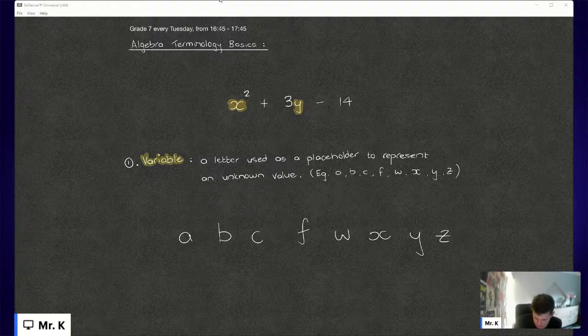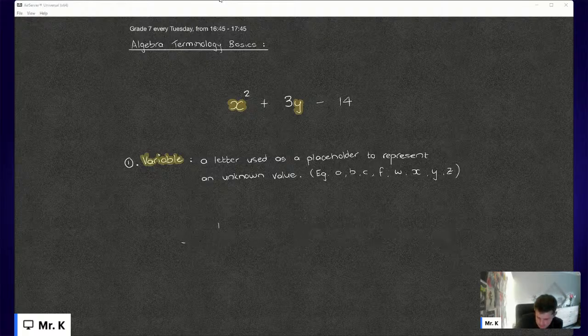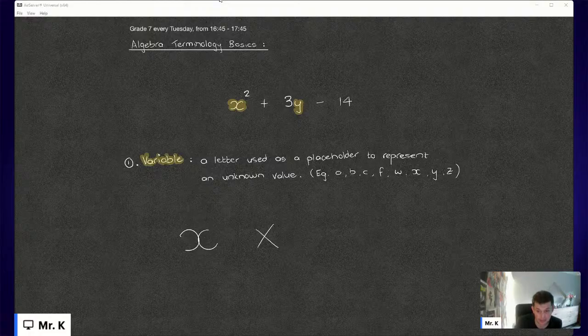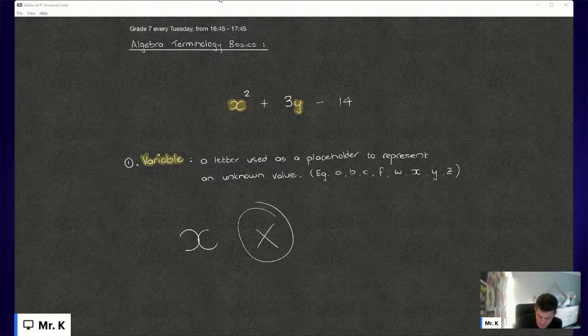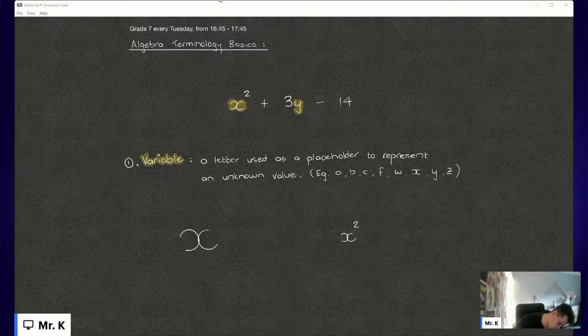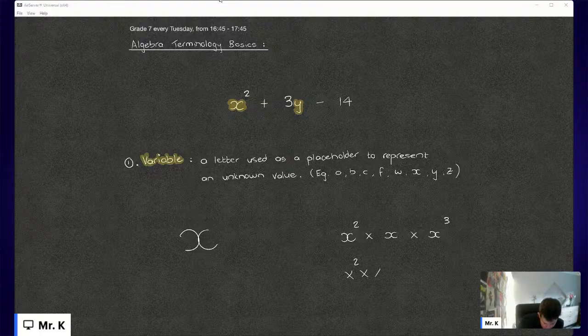Now, a lot of students ask me why in the world we write our X's like that. Why does algebra have a curved X? Why is it not just a normal X? Guys, because of a multiplication sign. Okay. If, for example, I have x squared times x to the power of 3, if I wrote this down with the same kind of x, this would be an absolute mess.